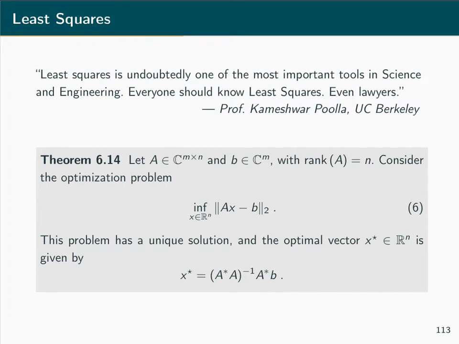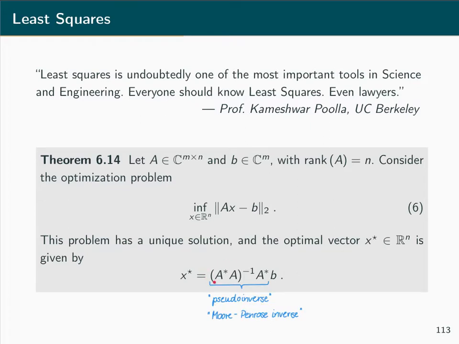Then the least squares theorem states that this problem has a unique solution, and the optimal vector x star in R^n is given by this explicit formula, where we have in brackets A star A inverse times A star times b.